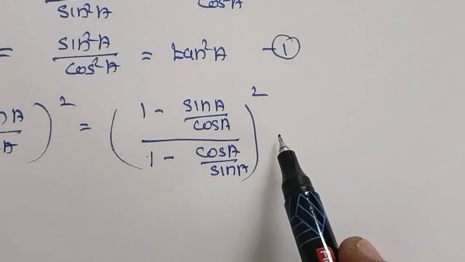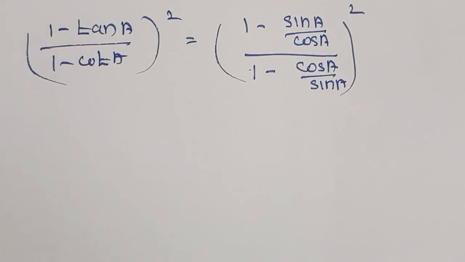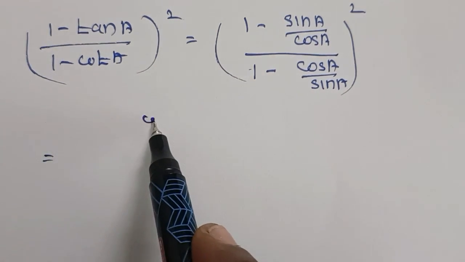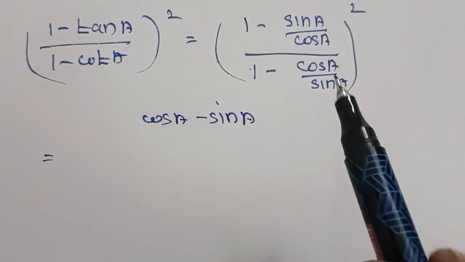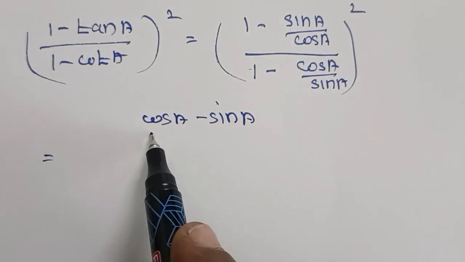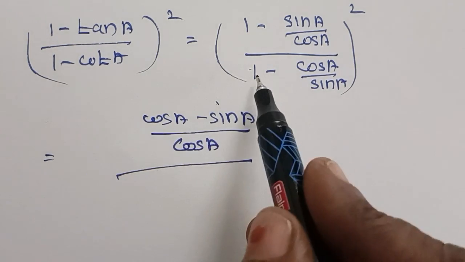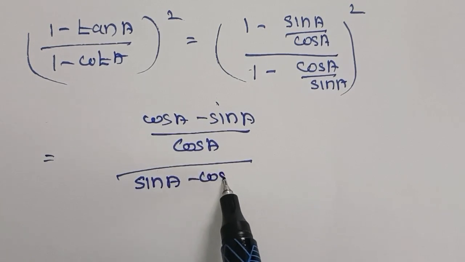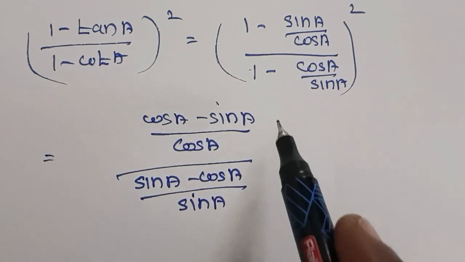Now by taking LCM, the numerator will become cos A minus sin A by cos A, and the denominator sin A minus cos A divided by sin A, the whole square.